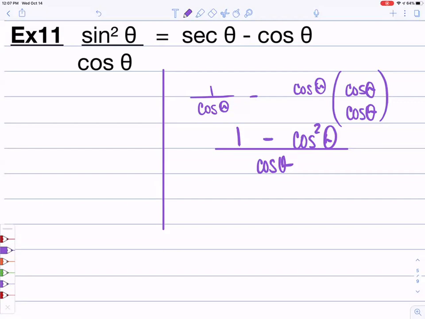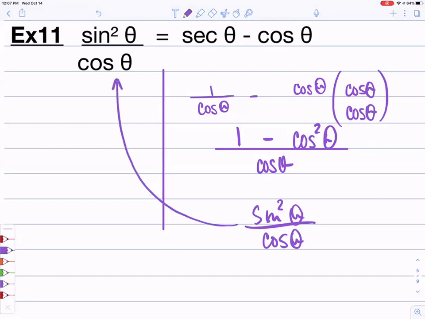What is 1 minus cosine squared? Sine squared. Yeah. So let's take the numerator and substitute sine squared. Hey, what just happened? See, that one wasn't too bad. You should have taken that one.